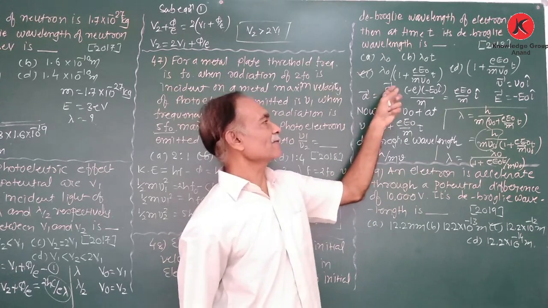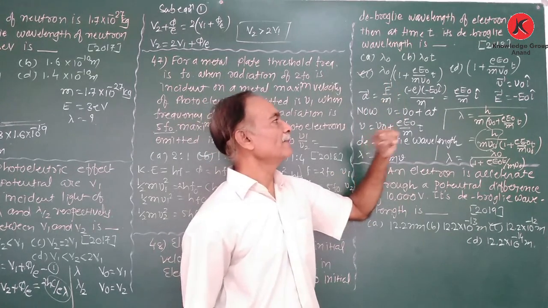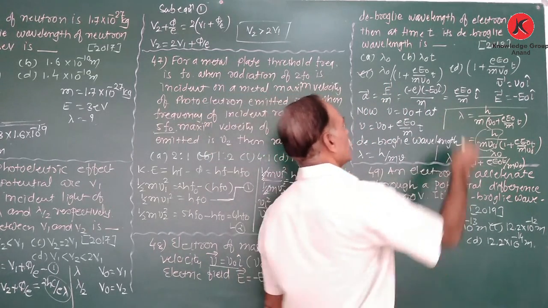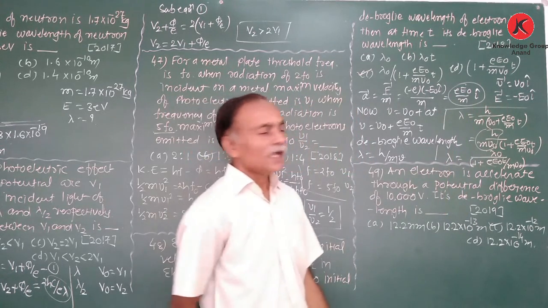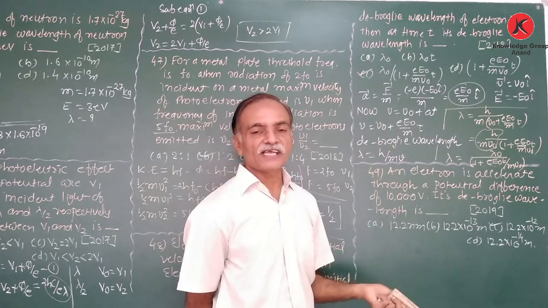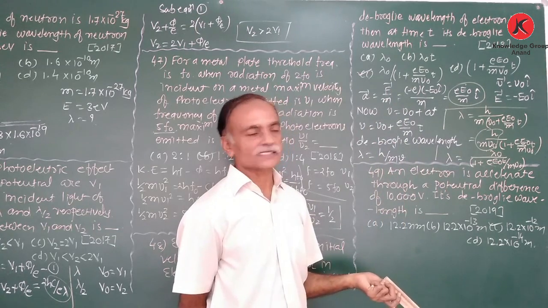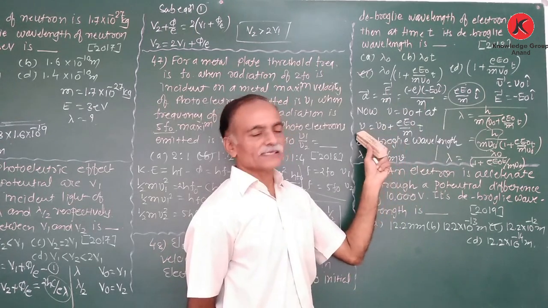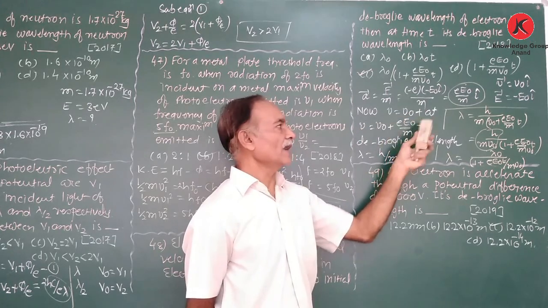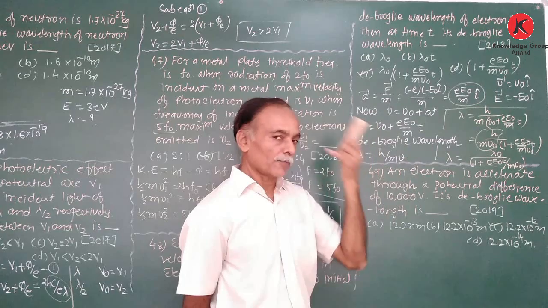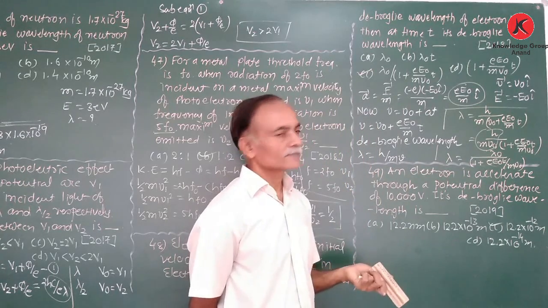Therefore, the acceleration of an electron is equal to F upon m. So, e E0 upon m in the positive x direction. Now, from the equation of motion, v = v0 + at. So here we substitute the value of acceleration: v = v0 + e E0 upon m into t.